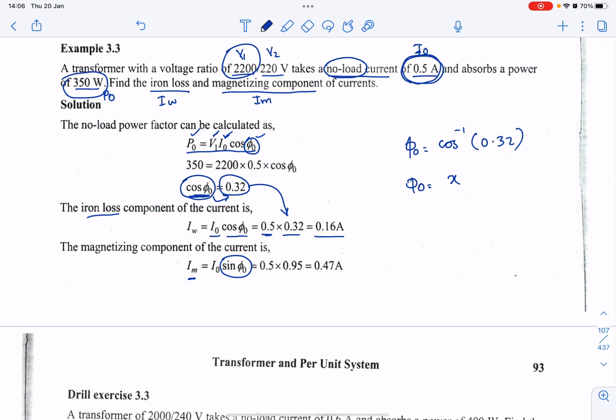You can label this one X. So sine of the angle is equal to 0.95. So based on the equation here, Im is equal to I0 sin phi naught. So 0.5 times 0.95, you get 0.47.